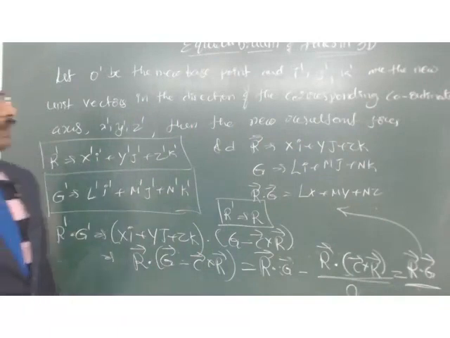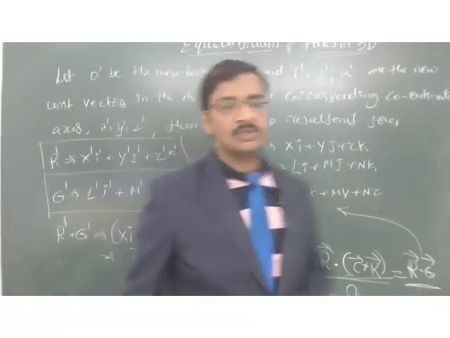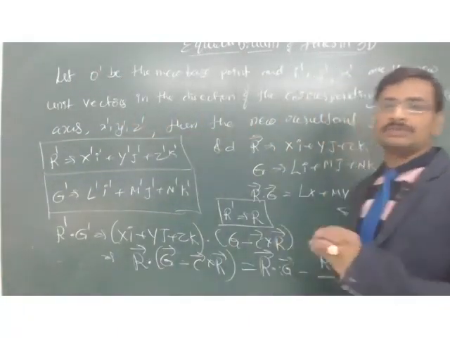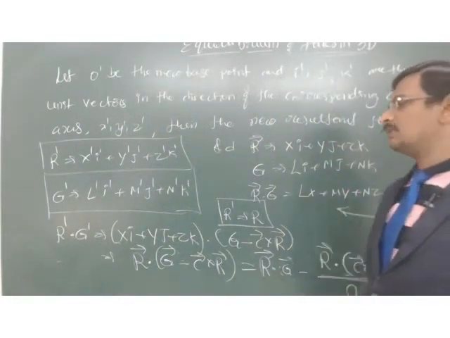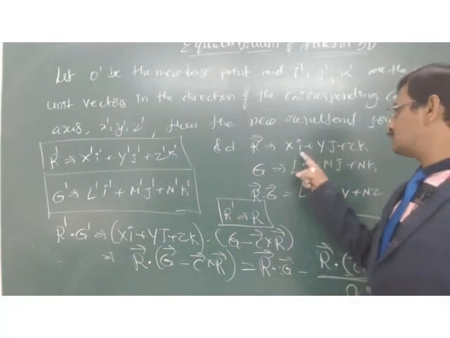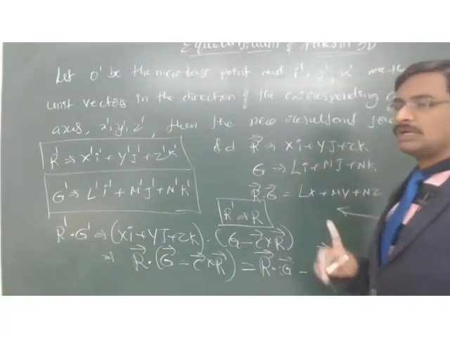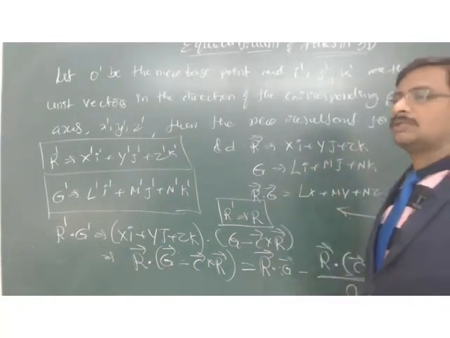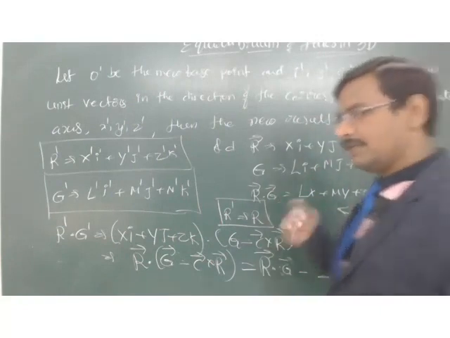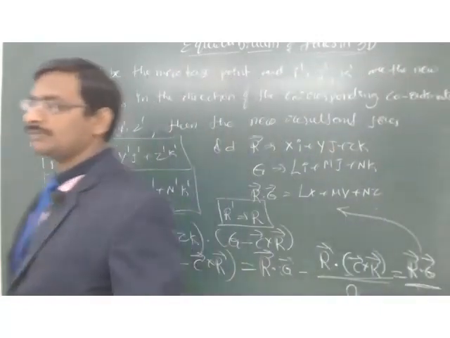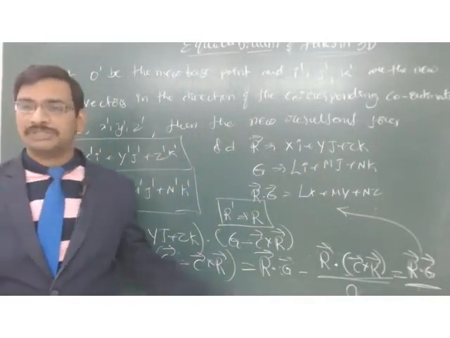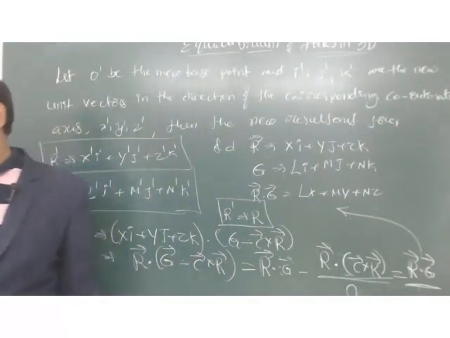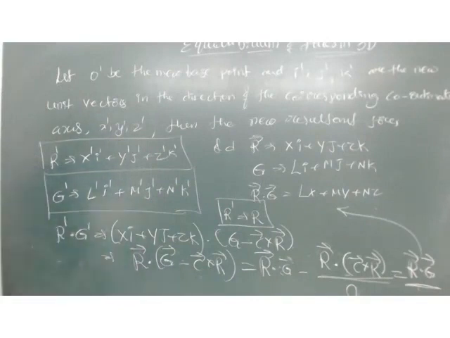So irrespective of the coordinate axis you select, irrespective of the origin you select, the product Lx plus My plus Nz is always a constant value, and the magnitude of the force, square root of x square plus y square plus z square, is always a constant value. That is how it is for any system of forces. Now we can make use of these relations to find out the pitch. Got it? You can note down this.